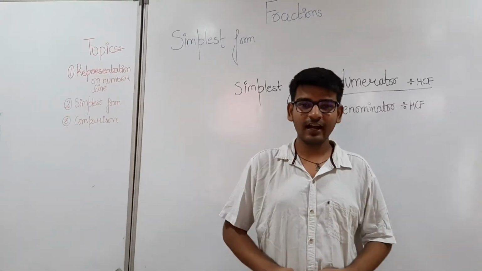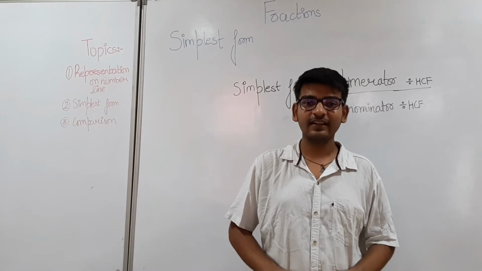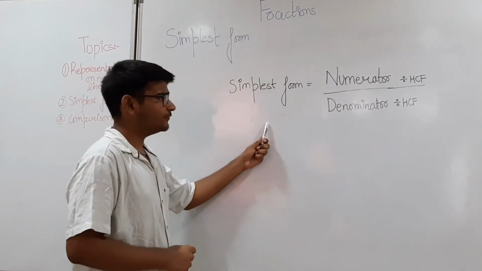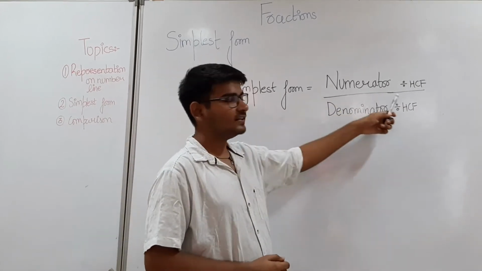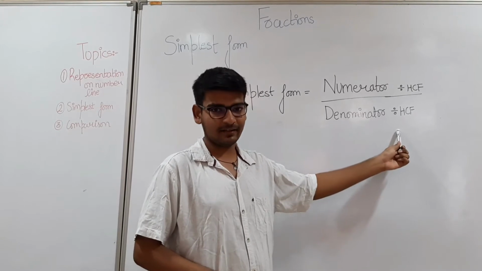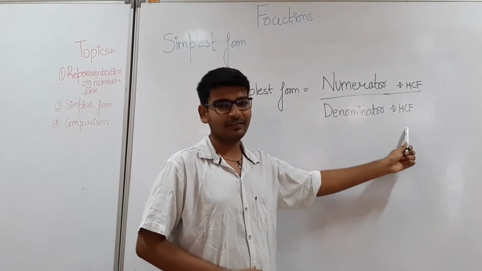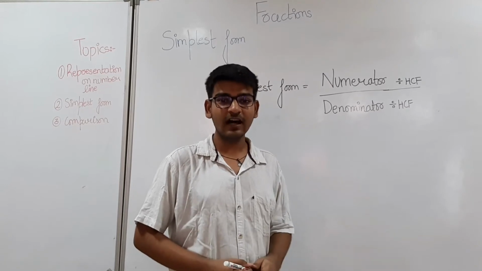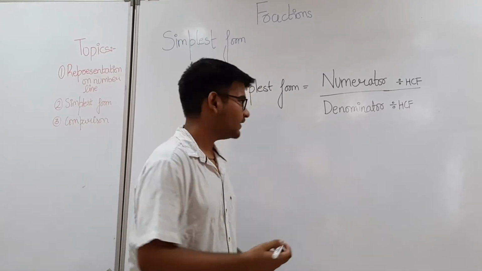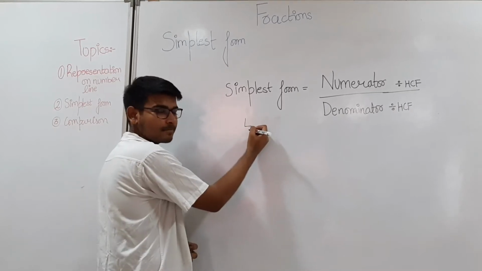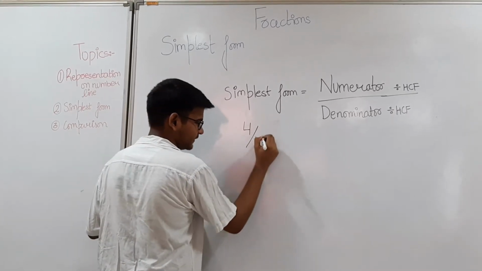So now let us try to understand how to find the simplest form of a fraction. So simplest form will be numerator divided by HCF upon denominator divided by HCF, where this HCF is the highest common factor of the numerator and denominator. Let us take one example. 4 by 16.